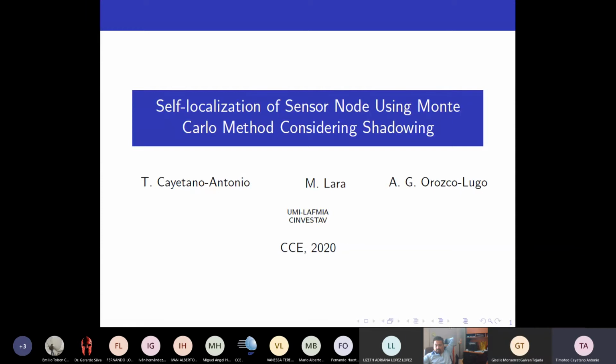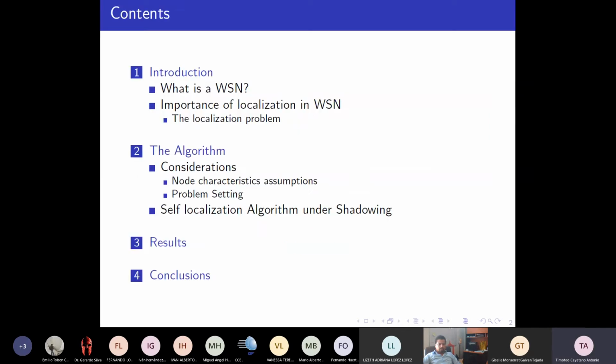Good afternoon, everyone. I'm going to talk about self-localization of sensor nodes in wireless sensor networks. The contents of this presentation are divided into 5 points. First, I'm going to talk about the introduction.